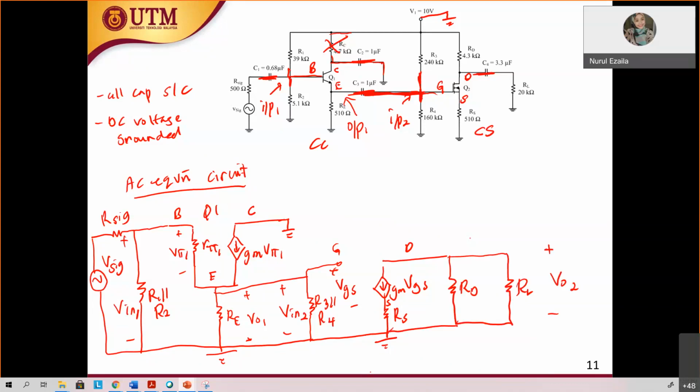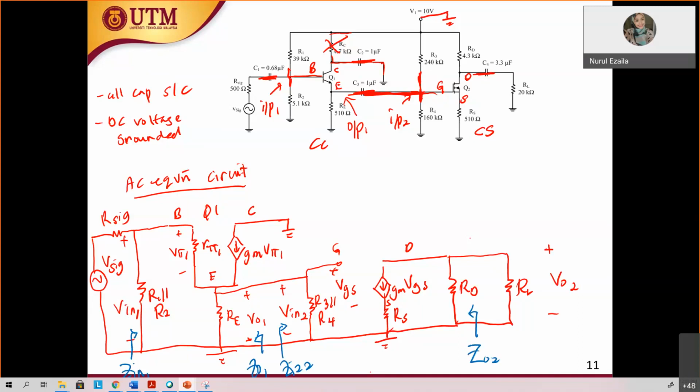You have everything there. Do not forget to put your Z in 1. This is Z out 1. This is Z in 2. And this is Z out 2.